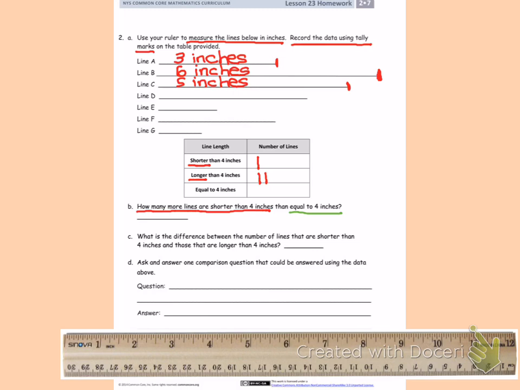I can make an equation by writing the number of lines that are shorter than 4 inches on this line, and writing the number of lines that are equal to 4 inches on this line.